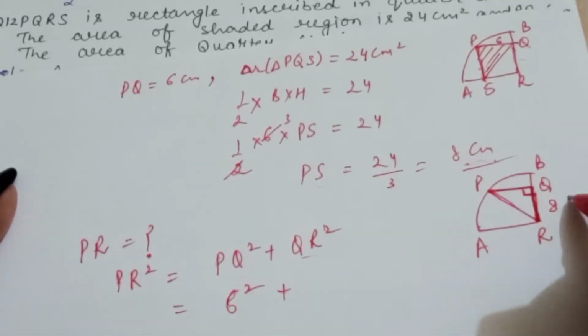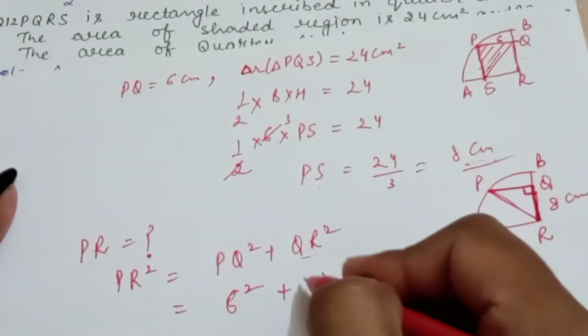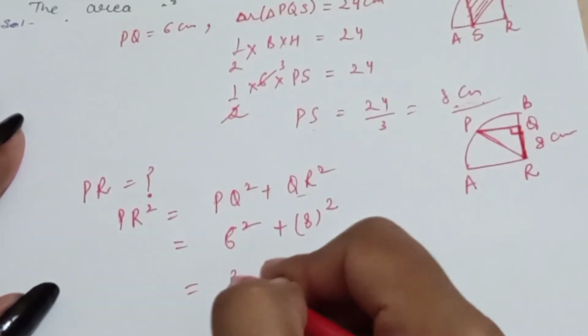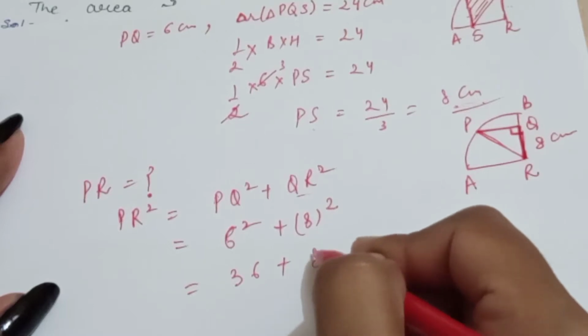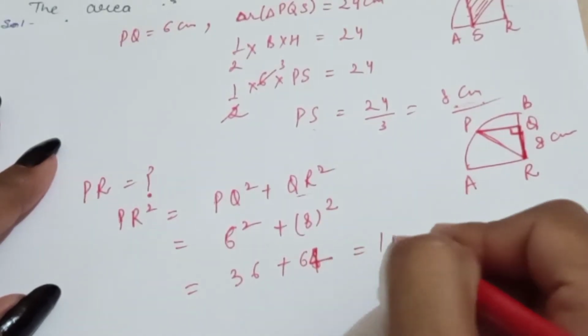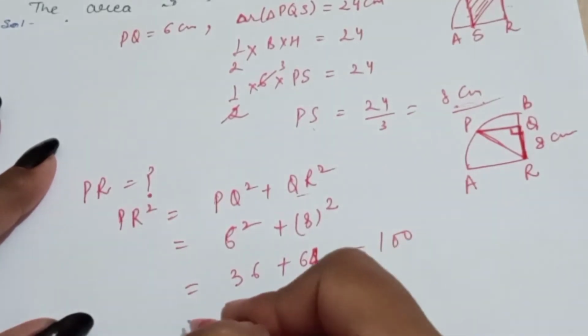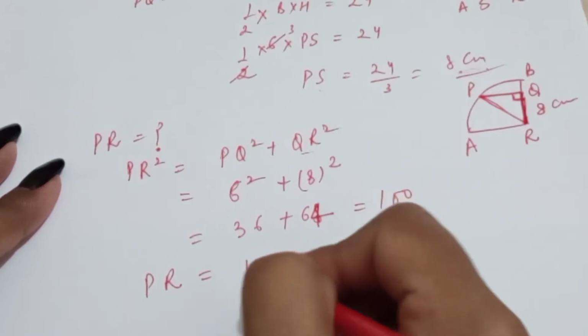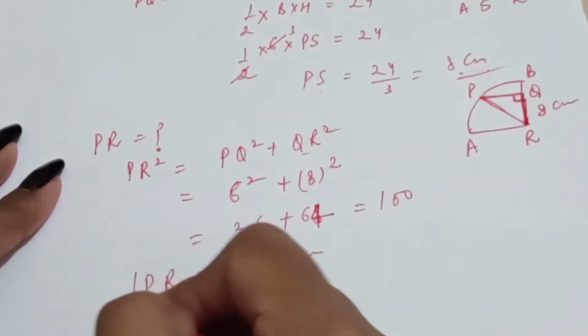It means QR is 8 centimeter. So we will substitute this value here. What we will get is 36 plus 64, which is equal to 100. And after taking square root, we will get PR equals to 10 centimeter, which is our answer.